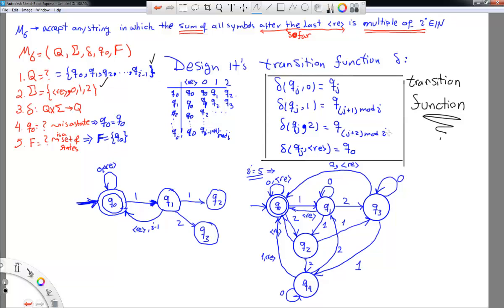And as you see, this is the power of the automaton here. And regardless of which state you're in, if you see reset, you go to Q sub 0. You reset to 0. And that will be your finite automaton. Fun, isn't it?